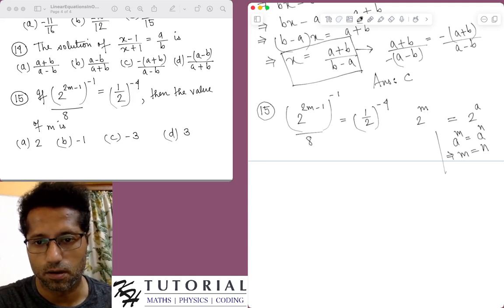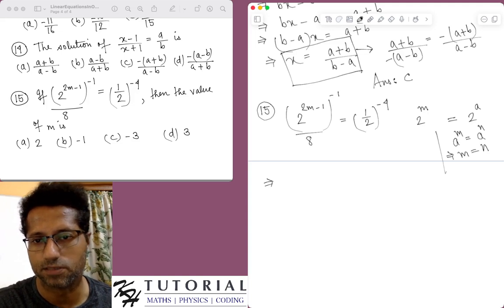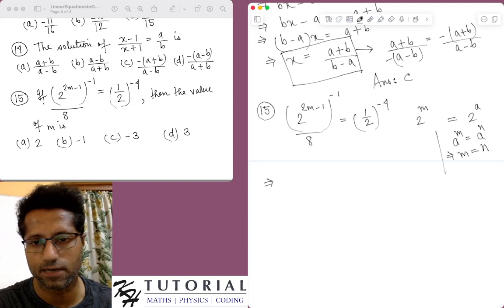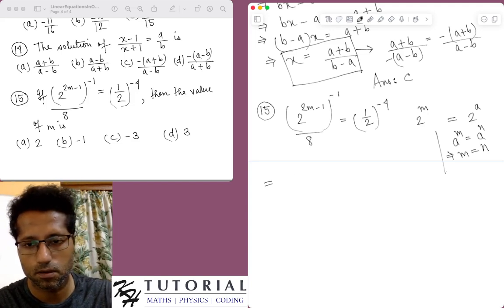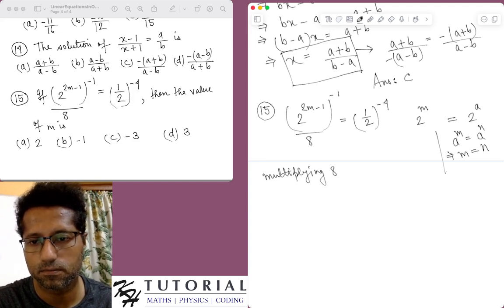So this implies I will bring the 1 by 8 to the right hand side, that is, I will multiply 8 to both sides.